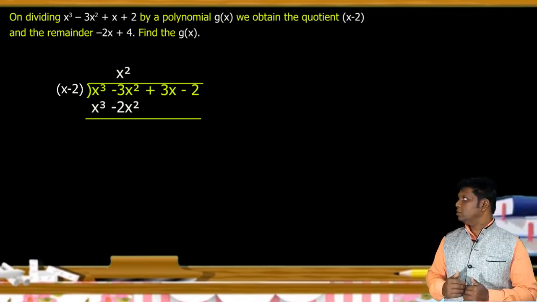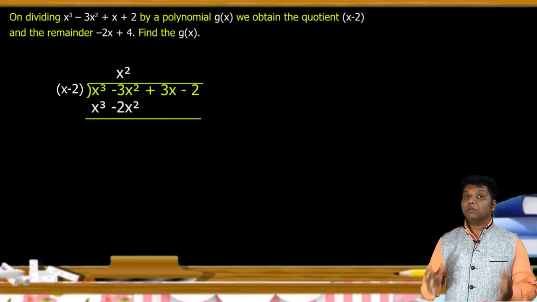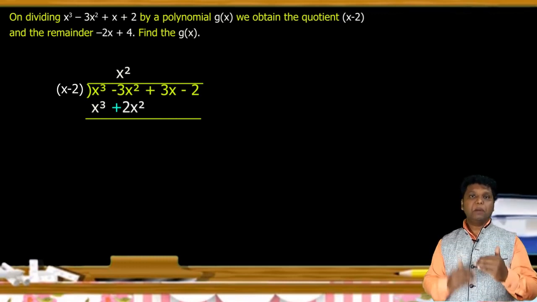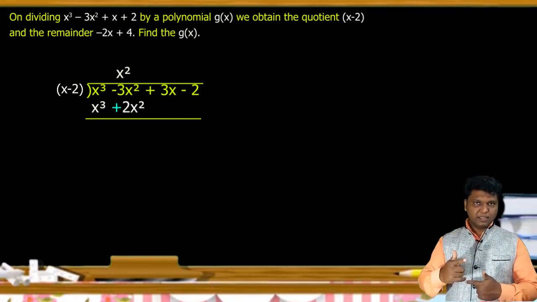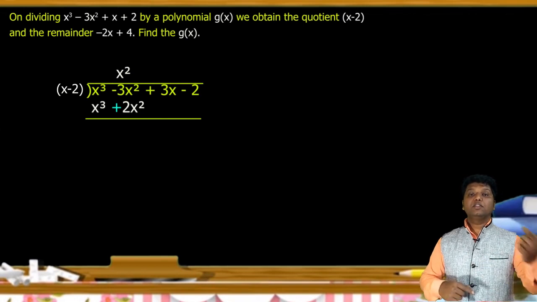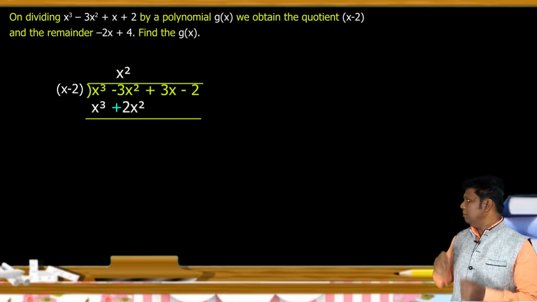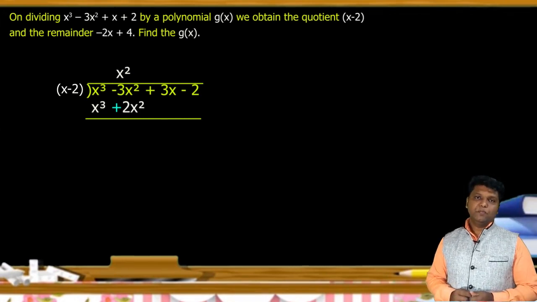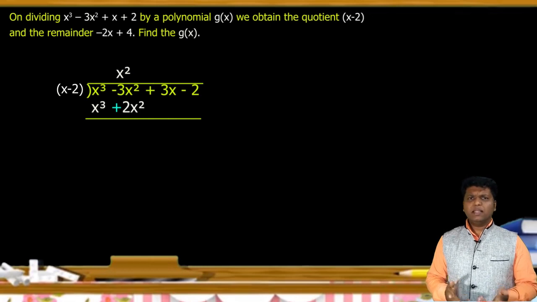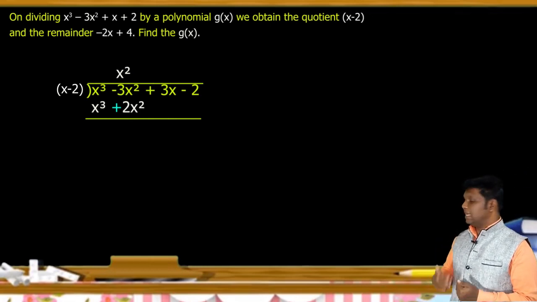Changing the sign of the second number, it becomes plus 2x square. So minus 3 plus 2, different signs. So find the difference, choose the sign of the bigger number. Here the bigger number is 3 and the sign of 3 is minus. So obviously minus will come there. Now 3 minus 2, it is 1. So if it is 1, there is no need to write. So simply we will write minus x square.